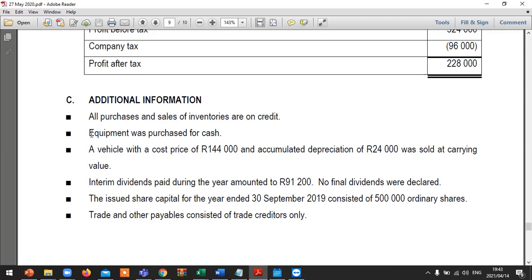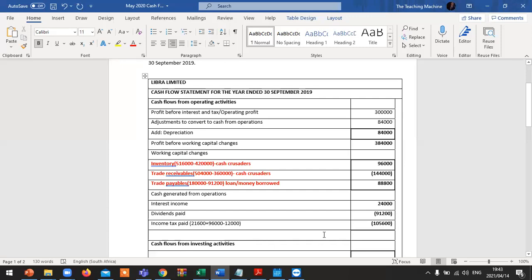As you can see here, bullet point 2 says equipment was purchased for cash. So we're not given the amount. To calculate the amount, we're gonna need that depreciation of 84,000, and we're also gonna need this information, but we'll discuss that further. Now let's quickly go back to our cash flow statement.